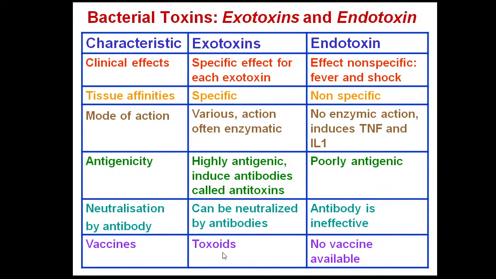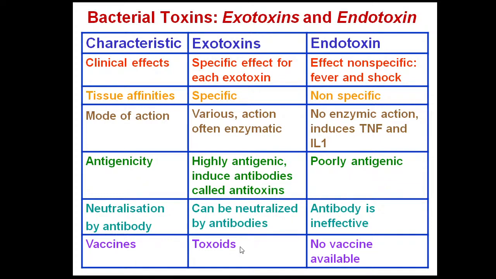But if we are talking about exotoxin, a vaccine can be produced. In fact, the exotoxins themselves cannot be used as antigens for vaccination. Why? Because they are very toxic. Can you imagine using even a minute amount of exotoxin for vaccination? It may cause very severe damage to the human body.